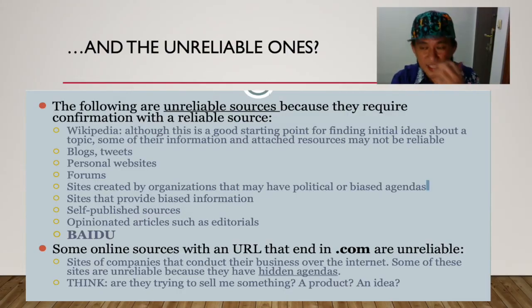Another one would be blogs or tweets, some personal websites. If these personal websites are not by a person with reliability or credibility, then you shy away from that website.